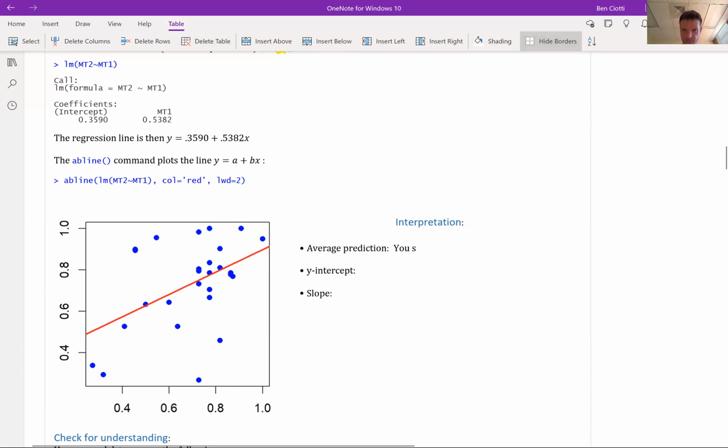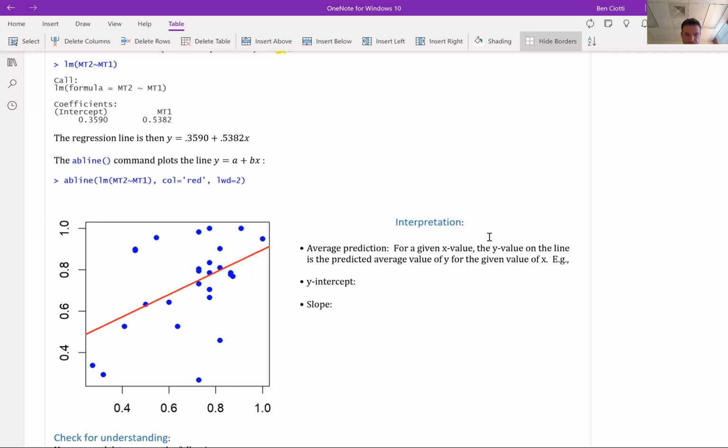For a given x value, the y value on the line is the predicted average value of y for the given value of x.